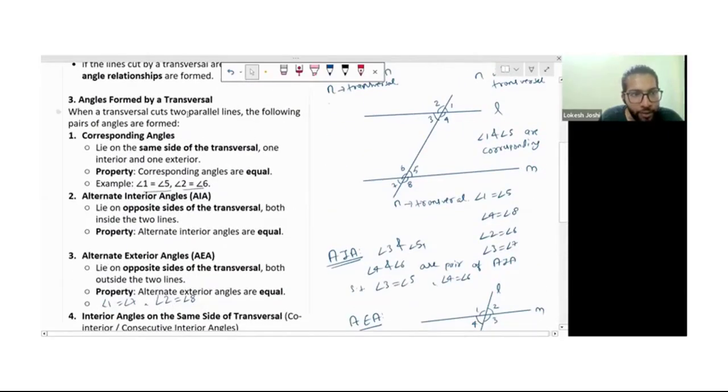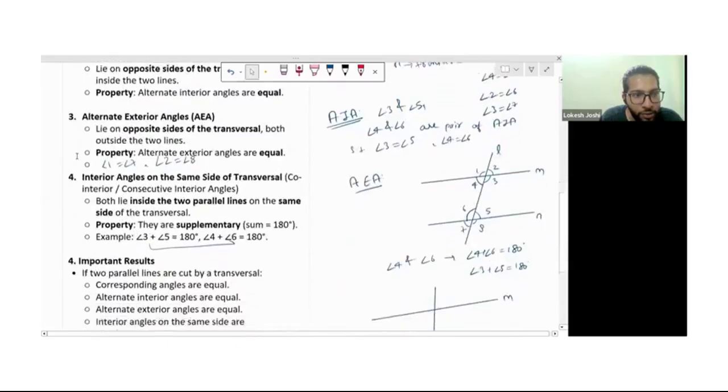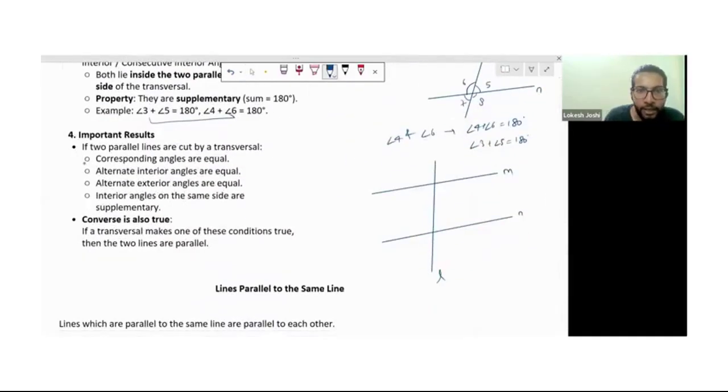But if any condition like 1, 2, 3, 4, and any of these points is true, then we can directly say M is parallel to N. For example, if this angle is 1 and this angle is 2, and if I say angle 1 plus angle 2 is equal to 180, then we can directly say M is parallel to N. Or any other property like this one, if any property is satisfied, then we can directly say M is parallel to N.